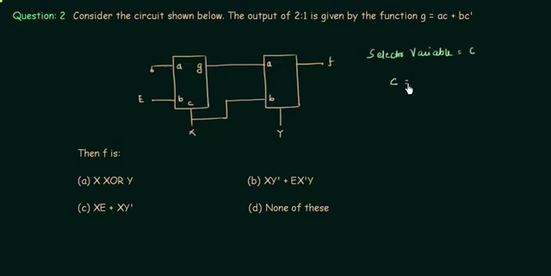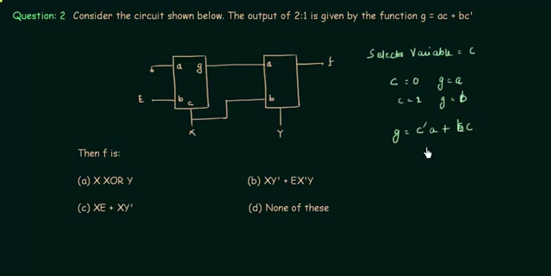So if C is 0, A is linked to G. So I'm having G equal to A, and if C is equal to 1, this E is linked to G. So G is equal to E. So I can write G as C complement A or EC, and here E is equal to B, so I can write E as B here.